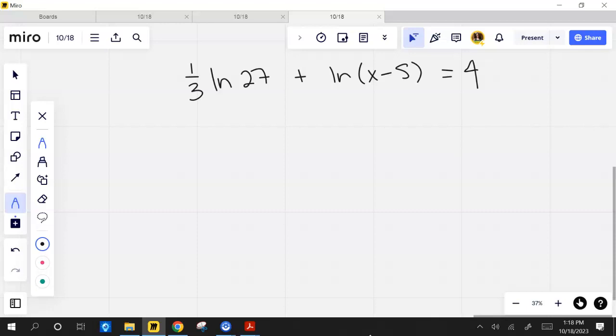Okay, so I need to condense, right? I got logs, and then I just got this number over here, so I'm going to get it condensed down to just one log and see if I can change the form. So tell me what I can do first. Compare. So I got log of.